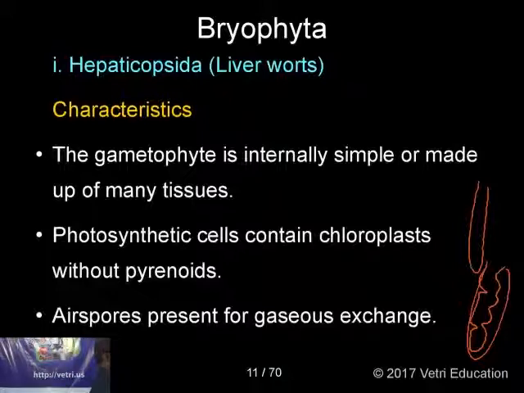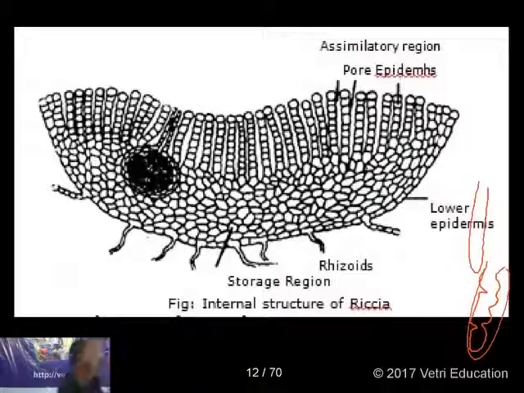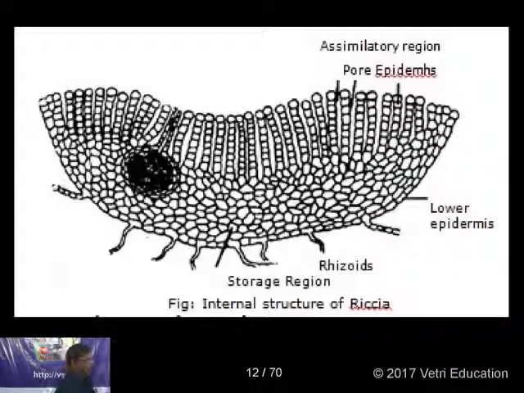This is the photograph, a transverse section of the thallus of Riccia. Here some are smooth rhizoids and some are pegged rhizoids, and it is differentiated into two regions internally. This is the assimilatory or photosynthetic region, and the lower region is the storage region.